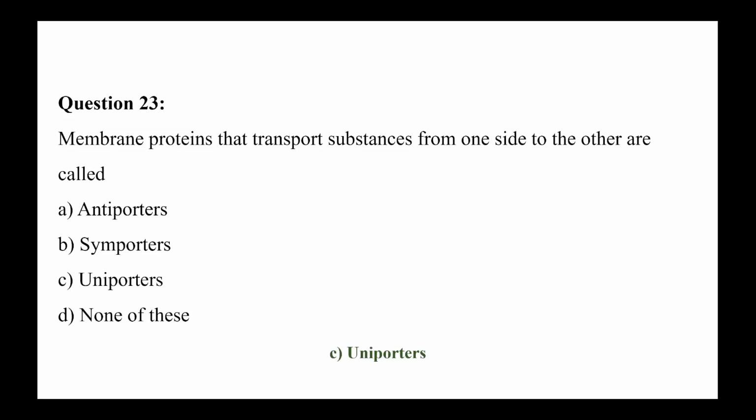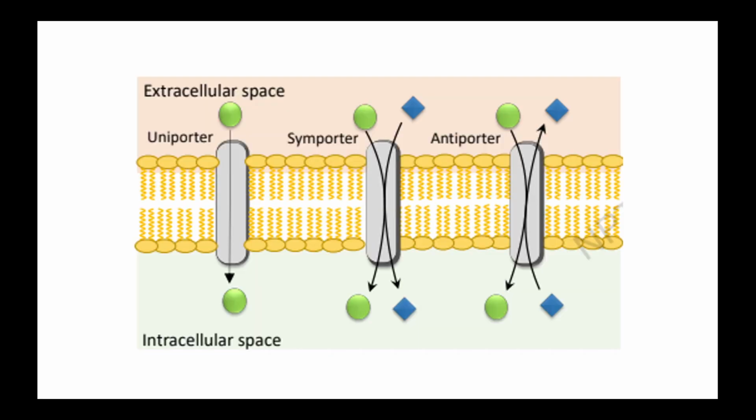So option C is the correct answer, uniporter. These are the three types of transporter proteins that are present. Uniporter, by the name, you can see it as a unidirectional transport protein. It transports the substance from one side to another. Symporter transports a substance along with another carrier molecule, so they will both be transported together in one direction.